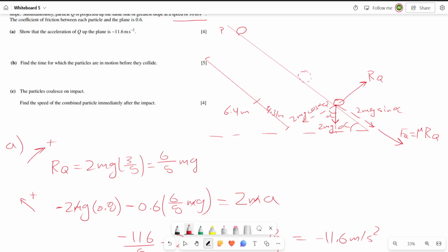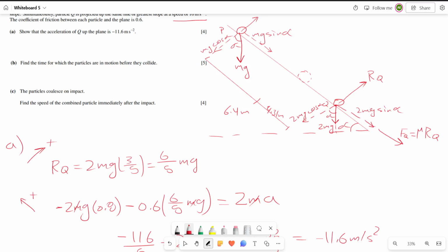First, we need to resolve P. I know that it will have a weight of mg. This weight can be resolved into these two components. This is alpha, so this is going to be mg cosine alpha. This is mg sine alpha.